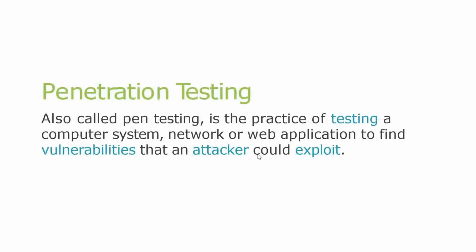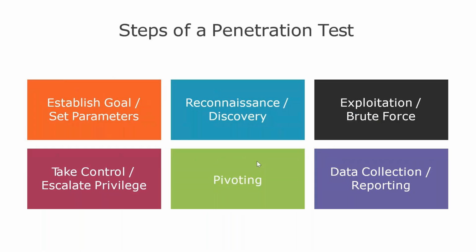Penetration testing is also called pen testing, and is the practice of testing a computer system, network, or web application to find vulnerabilities that an attacker could exploit. Now, these are the steps of penetration testing. Establish goal and set parameters.